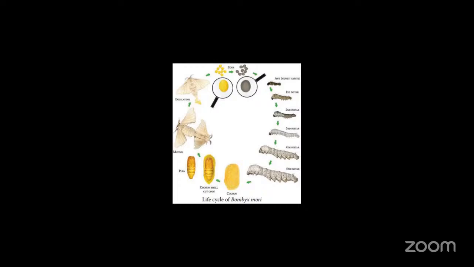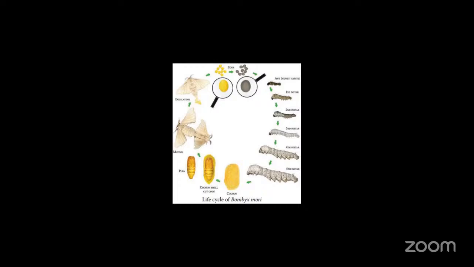These silkworms feed on selected food plants. The silkworm cannot feed on other plants; it is very selective. Finally, larvae spin cocoons as a protective shell, as I told you earlier, to perpetuate life. To save its life, it spins the shell around its body, which is called the cocoon.